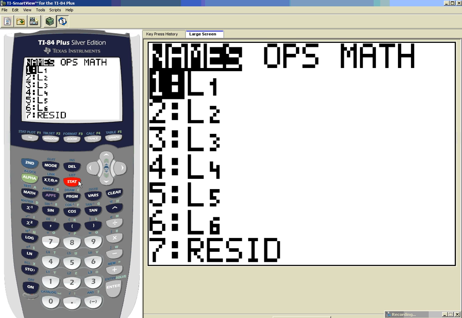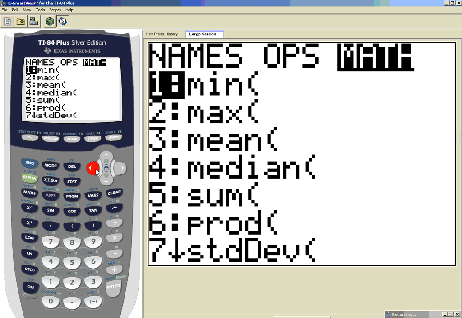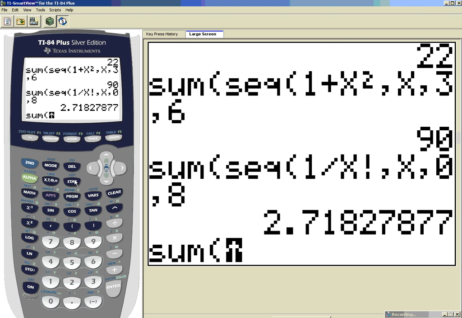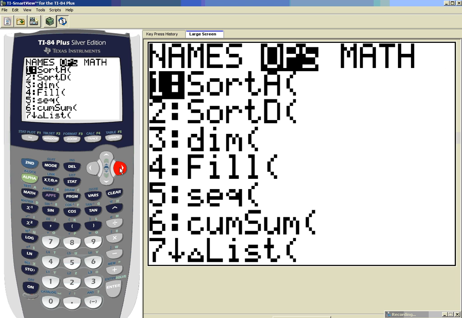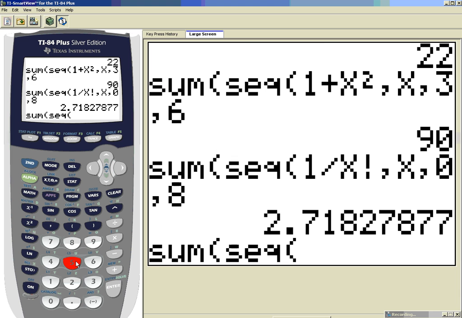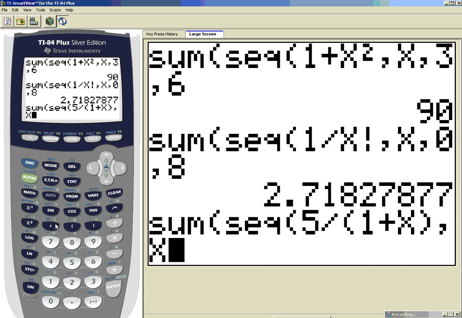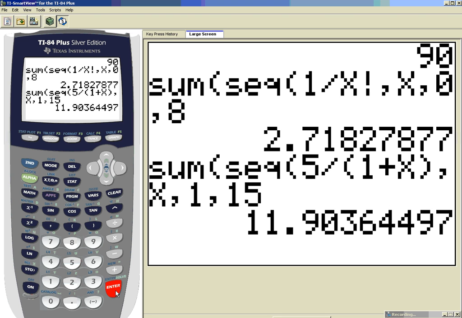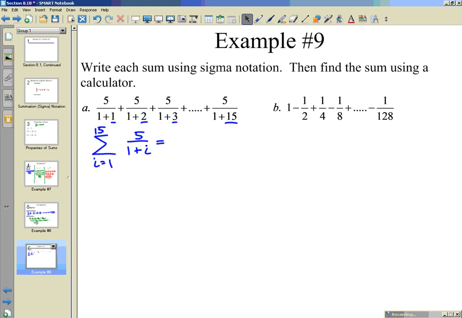List, math, sum, back into list, operations, sum of the sequence of 5 divided by 1 plus x, comma, in terms of x, comma, lower bound, comma, upper bound. 11.904.